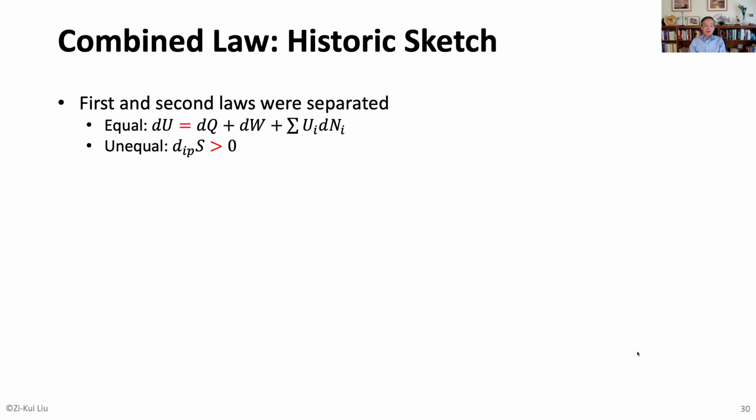However, the second law is about entropy production. The entropy production must be positive due to the internal process or processes. So you see the equal and the unequal, they could not be put together.